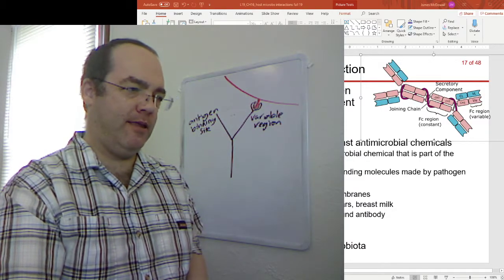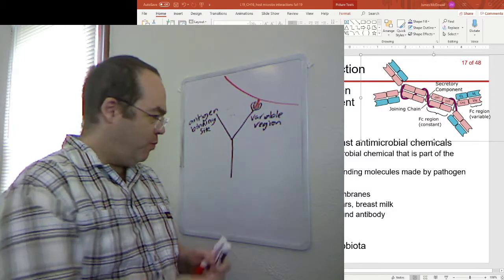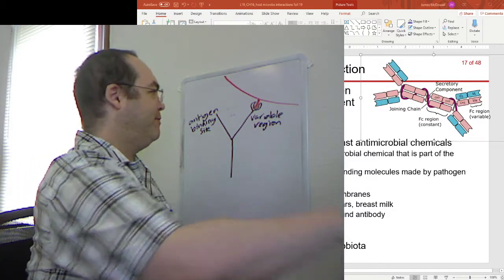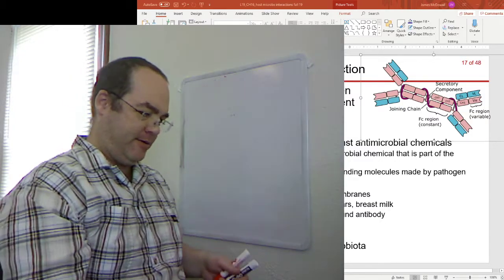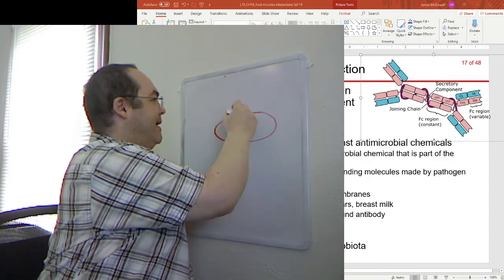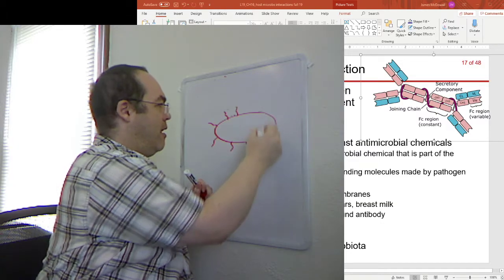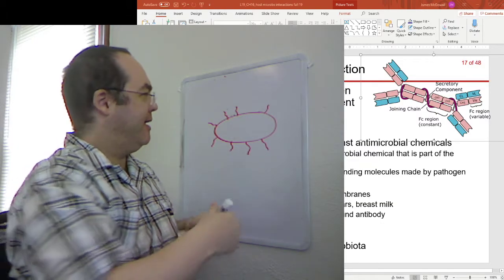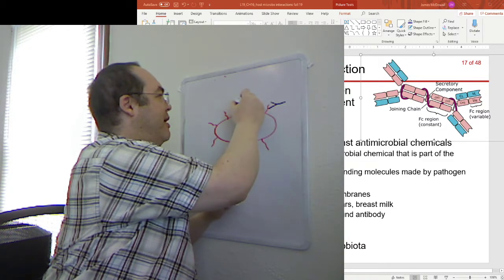So one way, again, there's typically this arms race. If our bacteria can simply shed its pili, so here's our bacteria covered in pili, here's our antibody stuck to all those pili.